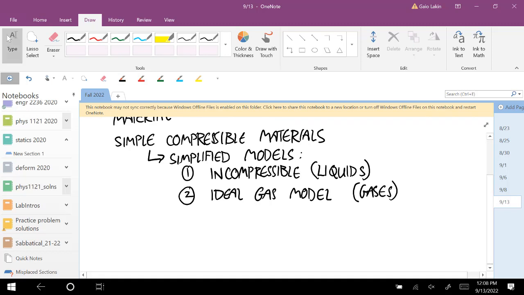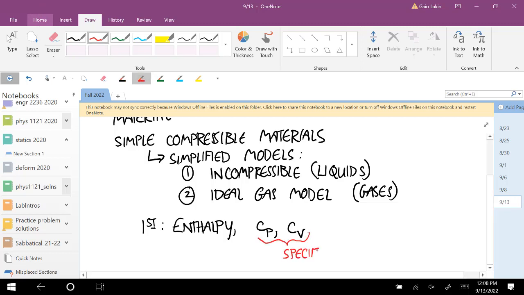Before we do that, I'm going to introduce enthalpy, and C sub P and C sub V, these are the specific heats. I'm going to do that first because those are going to come up when we talk about these simplified models.